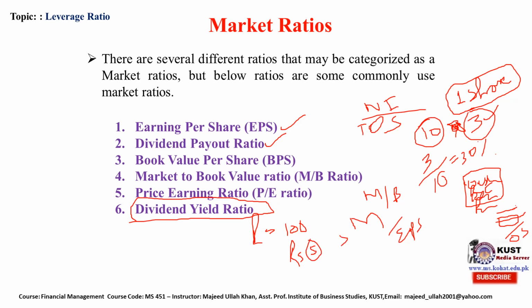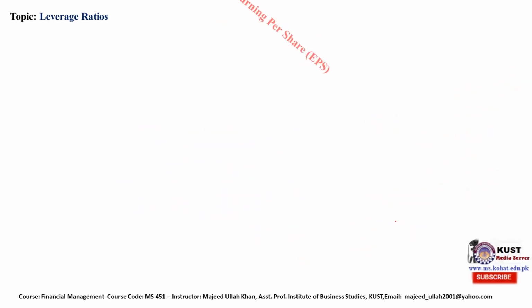It means 5 divided by 100, the share provides a 5% dividend yield ratio. Now we will discuss each one in detail.